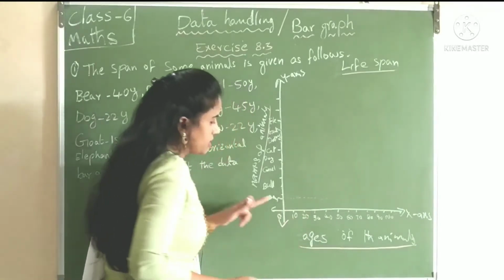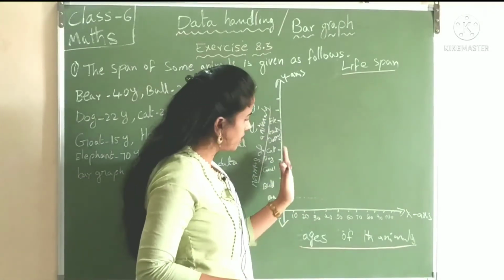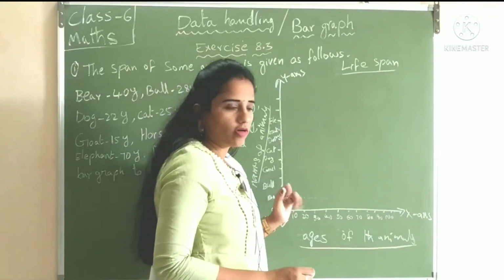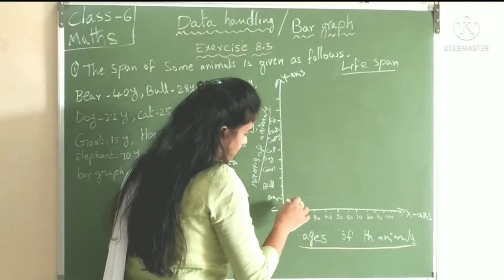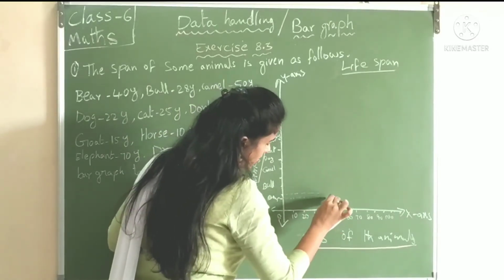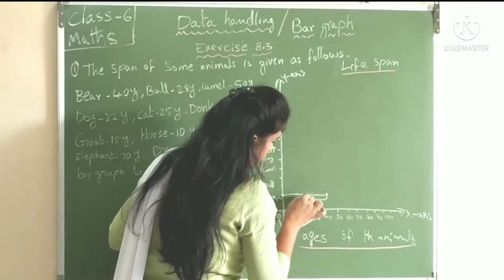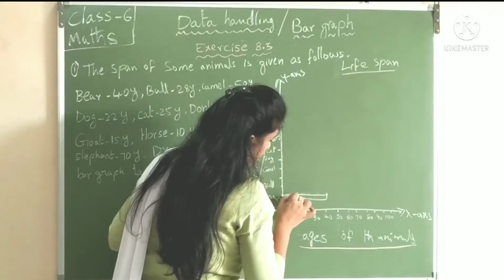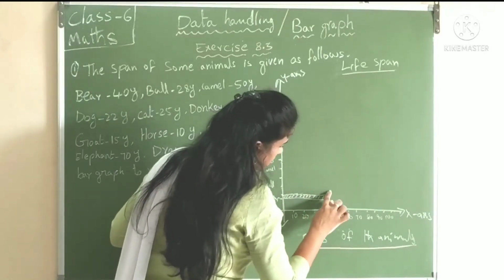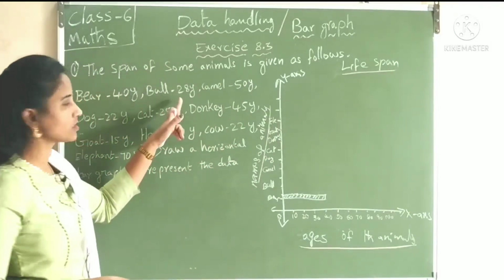You take 1 inch, and all bars should be of equal width. So every bar you take 1 inch width. Mark 40 years here.